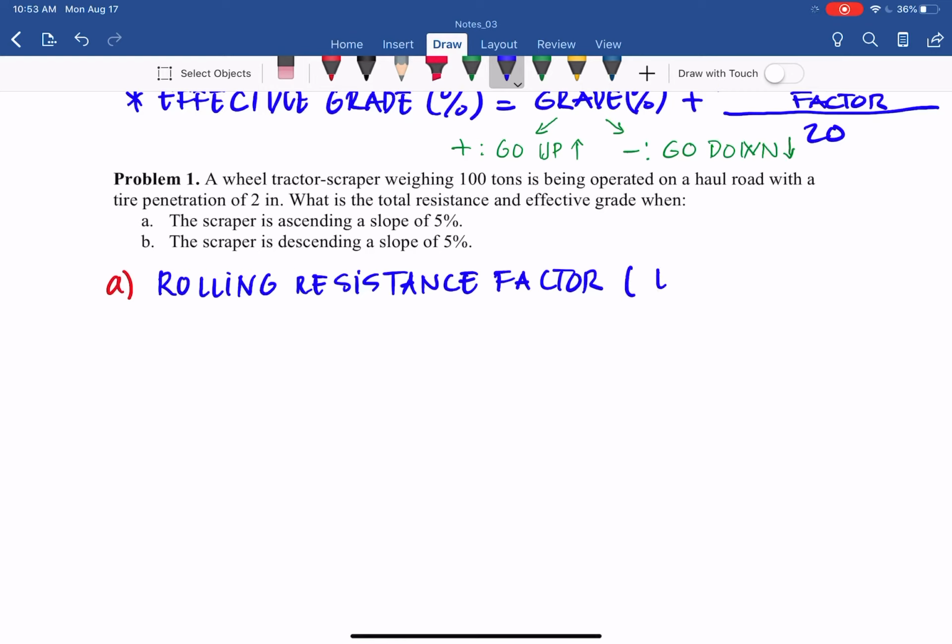It will be pounds per ton of the weight of the equipment, and it equals 40 plus 30 times inches of penetration.